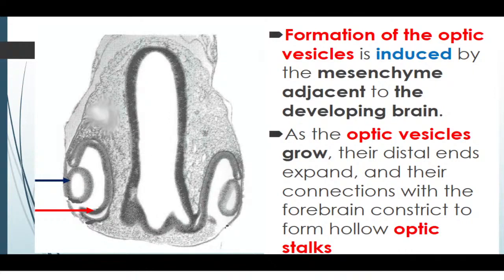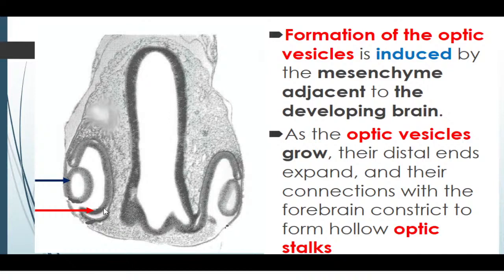Look at this one. We can see very well that inside the optic stalk there is a cavity, and that cavity is also present between the inner and outer layers of the optic cup.